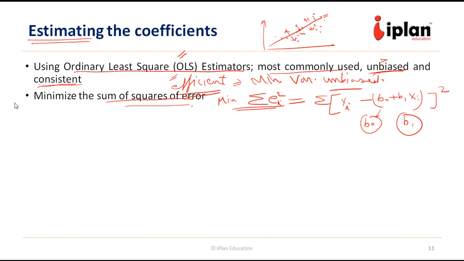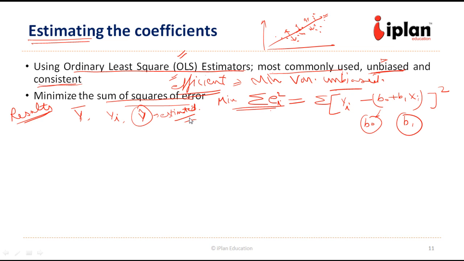Now, how do we interpret the results? We have certain terms which we need to understand first. Let us say y bar is the average of the y values, yi is an individual element of y, and y cap is the estimated y.